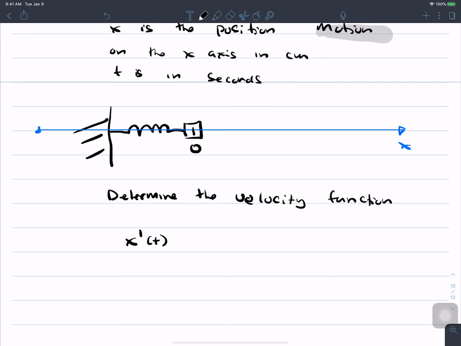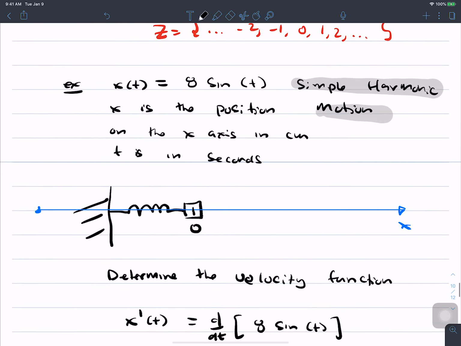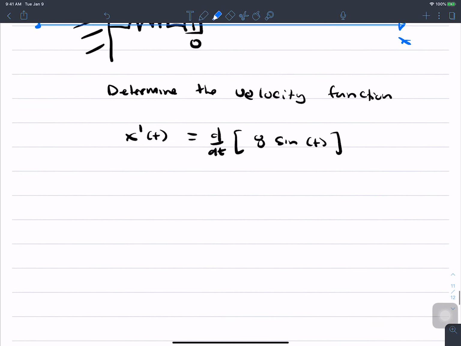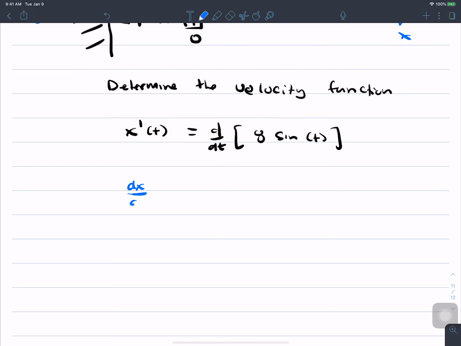They want x prime of t, which is the derivative with respect to t of 8 sine t. That's the derivative of your position function. So x equals 8 sine t is the position function. If you take its derivative, that's dx/dt, by the way. That's the change in x over the change in time.